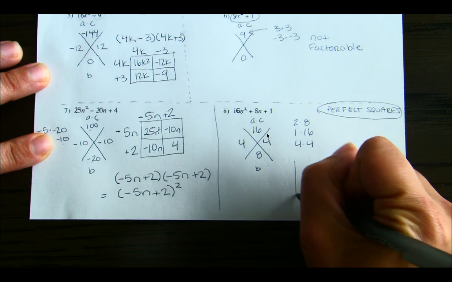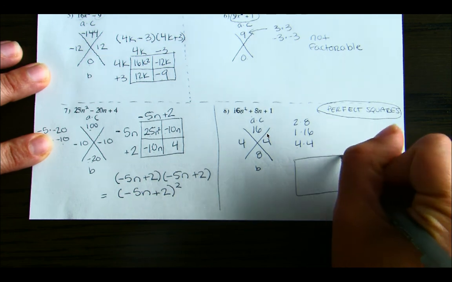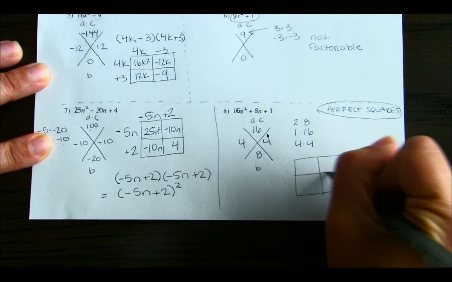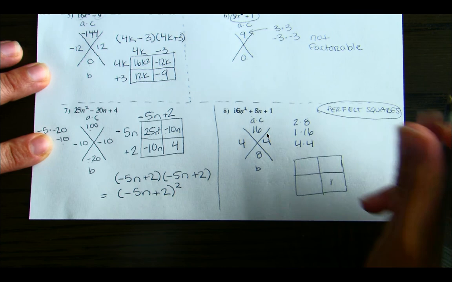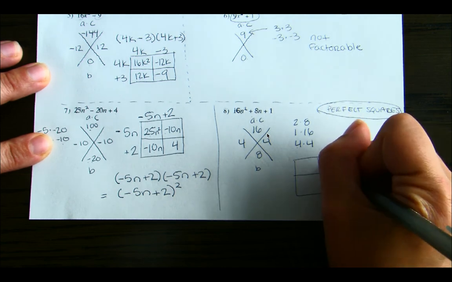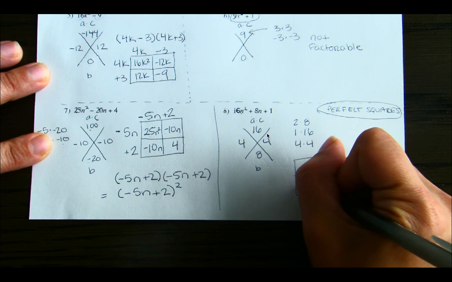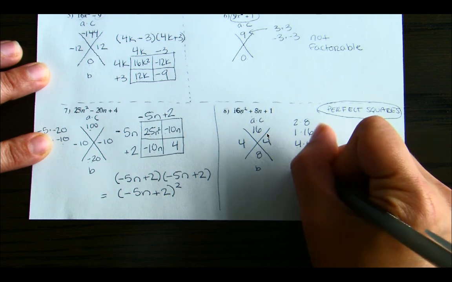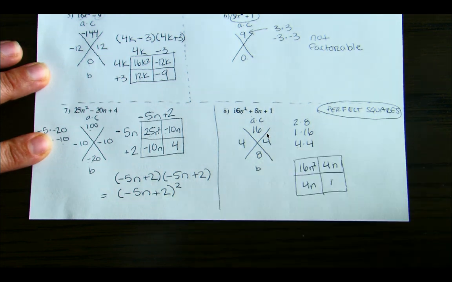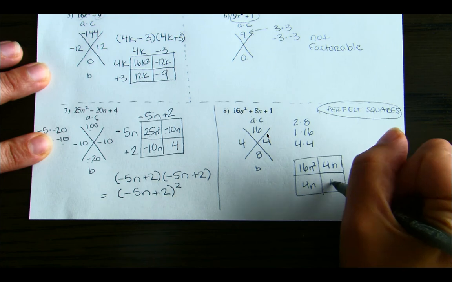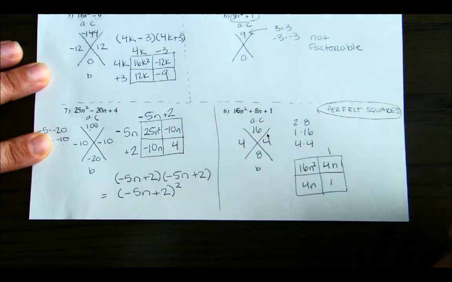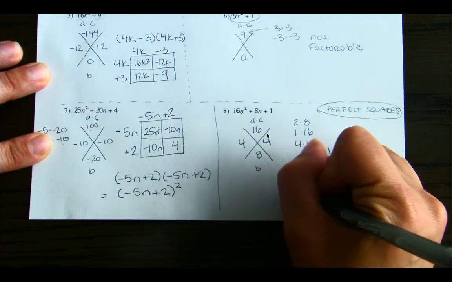So again, I'm going to go back to my area model right here and fill in everything. So I have 1 here, I have 4n here, I have 4n here, and I have 16n squared here. So what do 1 and 4 have in common? Just 1, same over here.